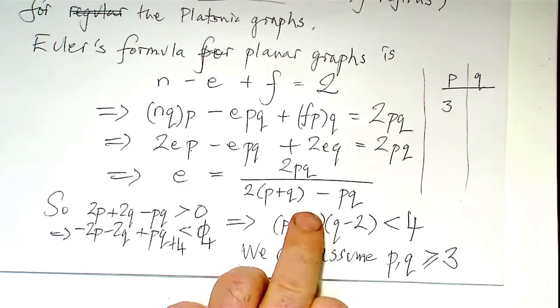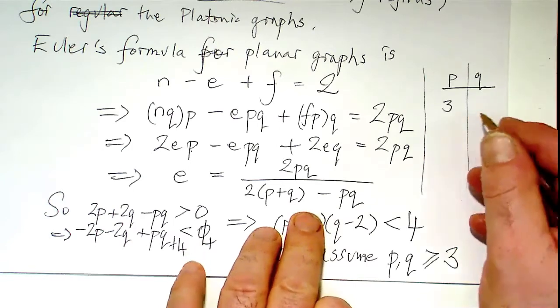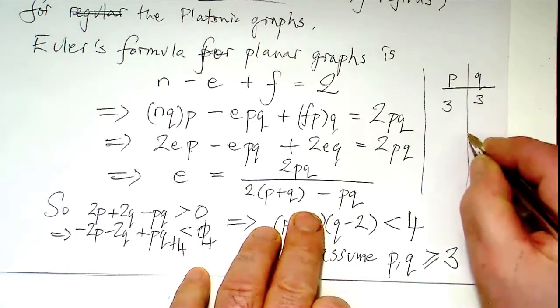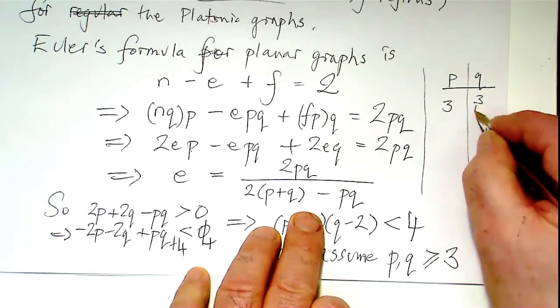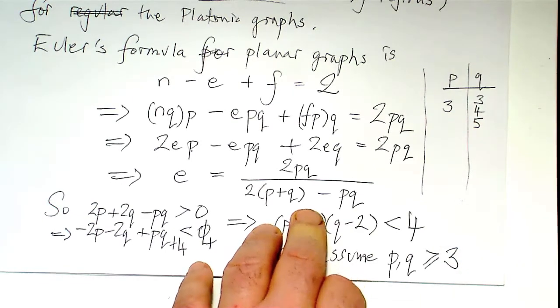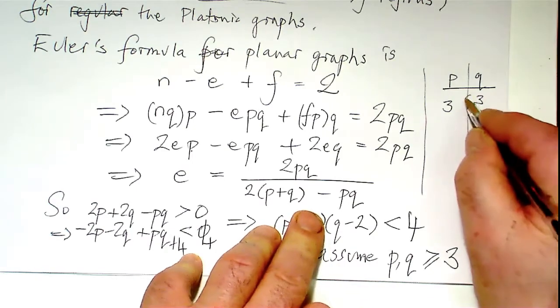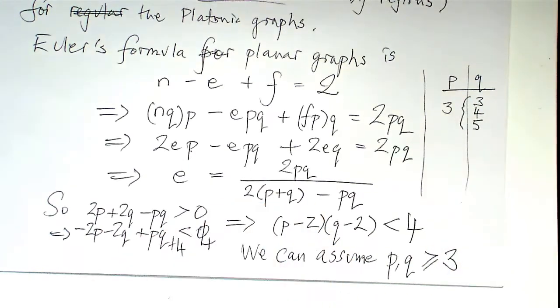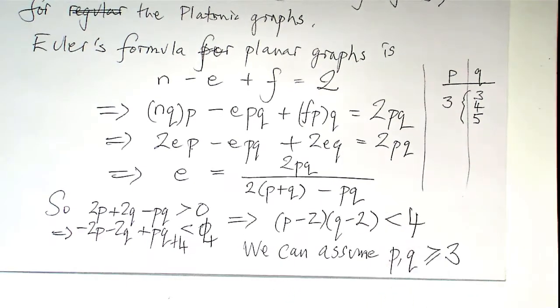So Q could be 3, or it could be 4, or it could be 5. Agreed? Because in every case, the product is less than 4. For example, 3 minus 2 times 5 minus 2, that's 3, which is less than 4.